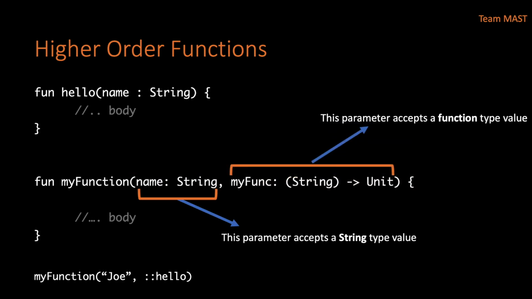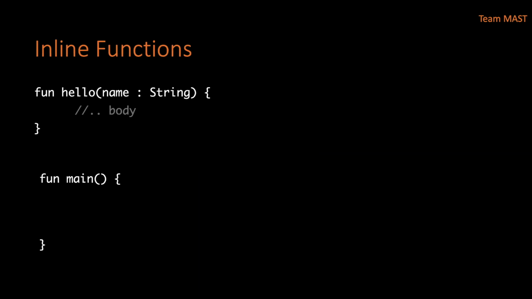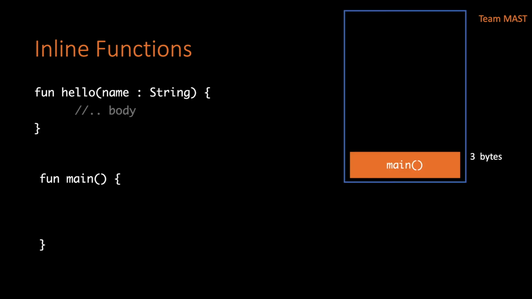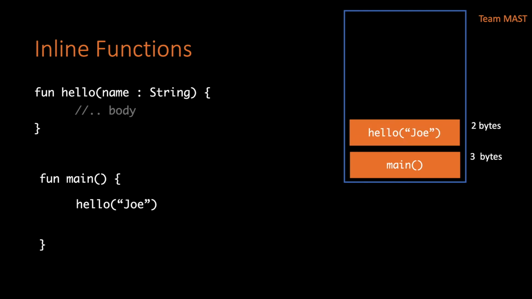So let's jump on the PPT for now and see an inline function. Here again we have a simple hello function which takes one parameter, name, and has some body. When we call that function hello from the main method, it will create some memory, which is like initializing an object.